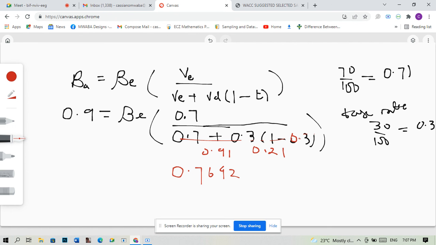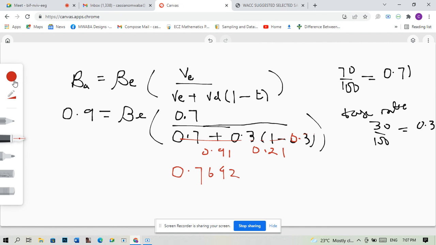And then we say 0.7 divided by 0.91. What do you get? 0.7692.